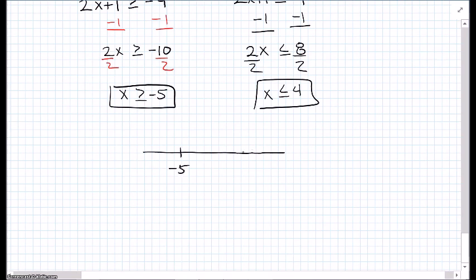Negative 5 and positive 4. So x is greater than or equal to negative 5. So that's a solid circle on negative 5 going to the right. X is less than or equal to 4. Solid circle on 4 going to the left. So what do you notice? I got arrows going both ways, so this one would be all real numbers.